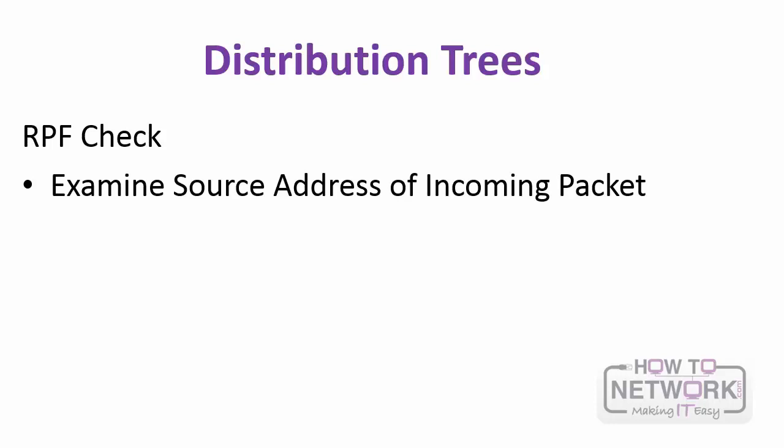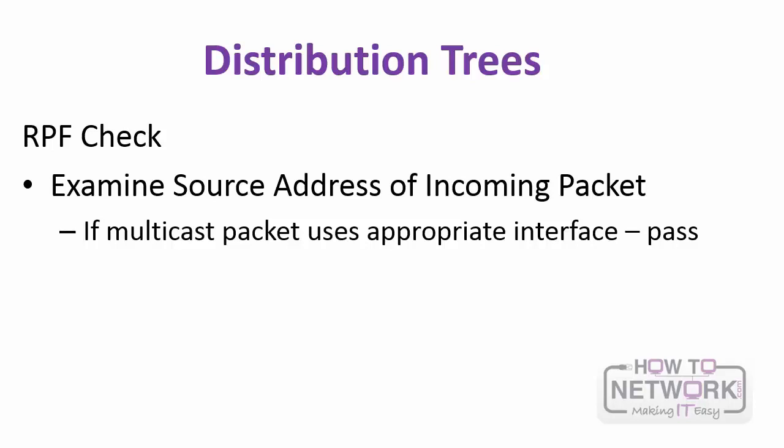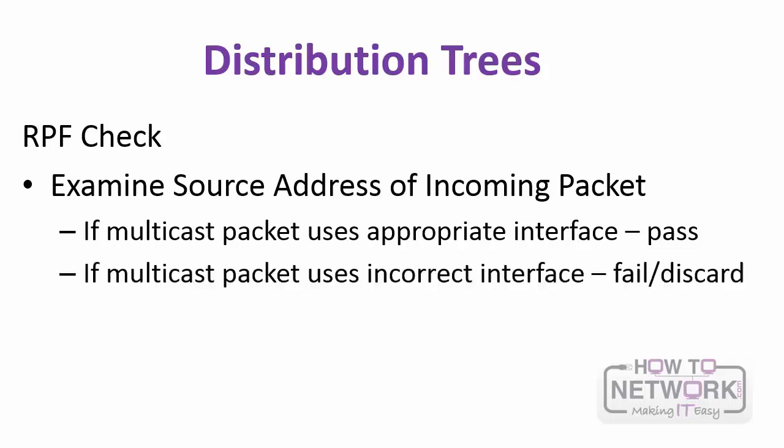An RPF check examines the source address of an incoming packet and checks it against the router's unicast routing table to see what interface should be used to get back to the source network. If the incoming multicast packet is using that interface, the RPF check passes and the packet is forwarded. If the multicast packet is coming in on a different interface, the RPF check fails and the packet is discarded.